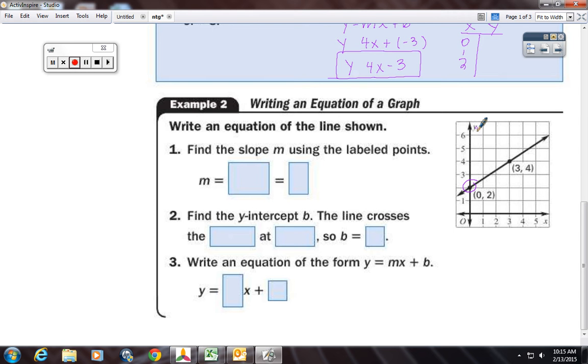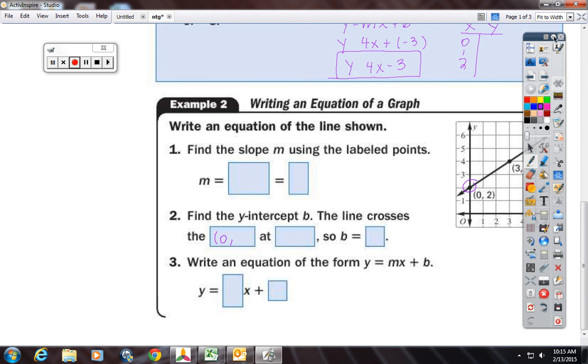It crosses where? 0, 2. So we know that this line crosses the y-axis at the point 0, comma 2. So to indicate that, all we would say is b equals 2.